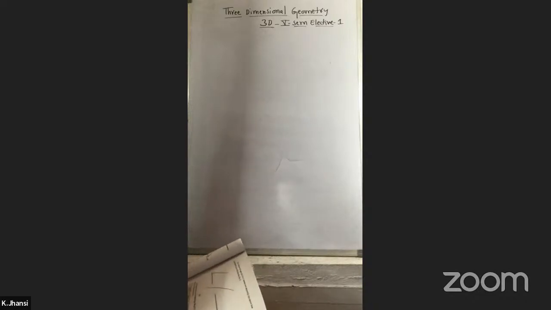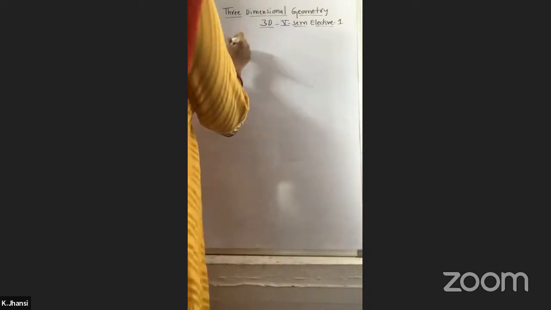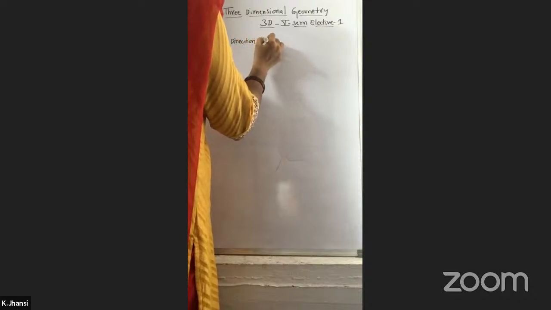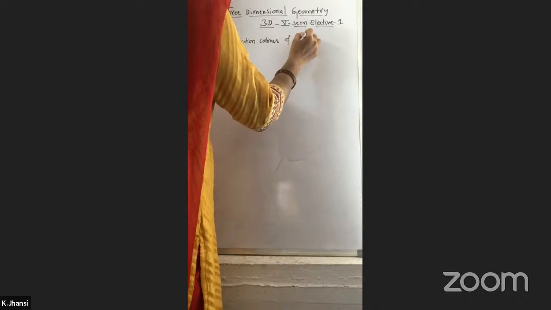You have the definition on page number 15, direction cosines of a line. If alpha, beta, gamma are the angles made by any directed line AB, then cos alpha, cos beta, cos gamma are called the direction cosines of the given line. Usually we represent these as small l, m, n, the direction cosines of a line.